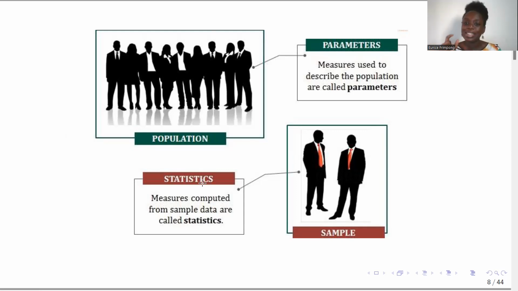So it is a measure that is used to describe the population. So it means that whatever measure it is that you have, it is based on information you collected from every single member of the population.